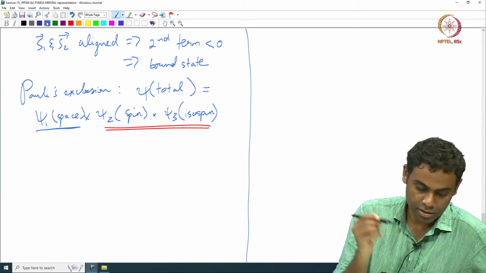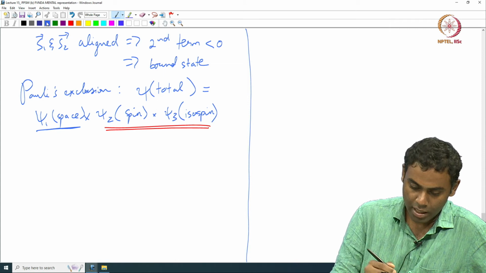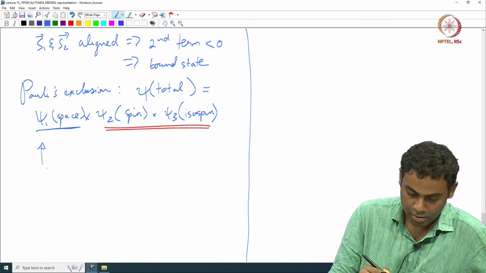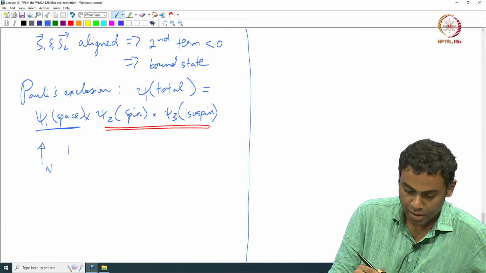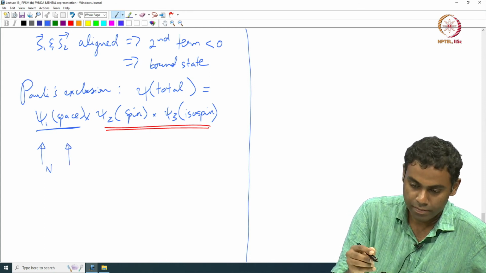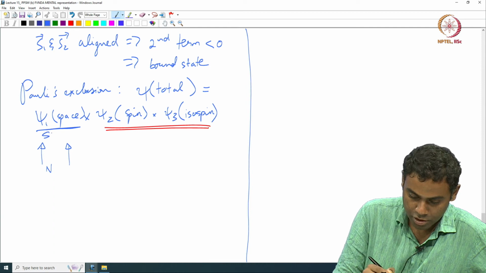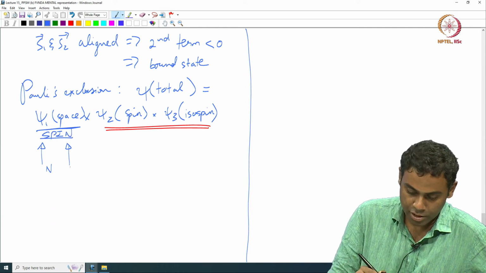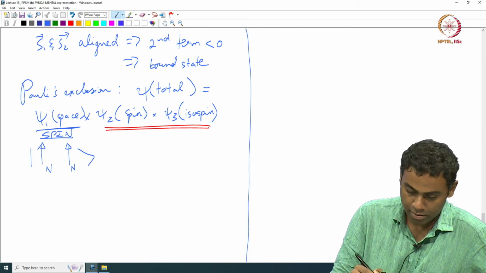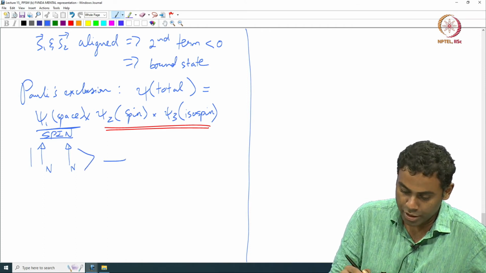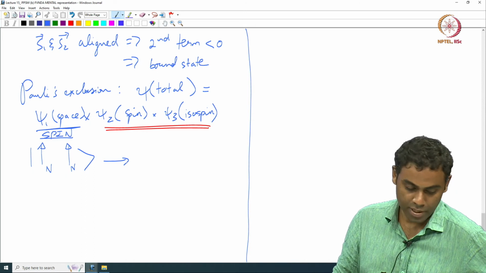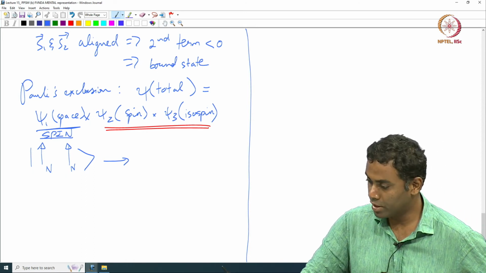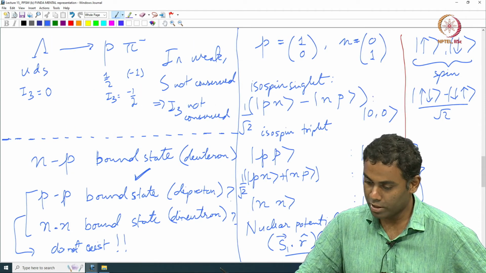In other words, if I have the spins aligned, then I better make sure that the isospin is literally anti-aligned.